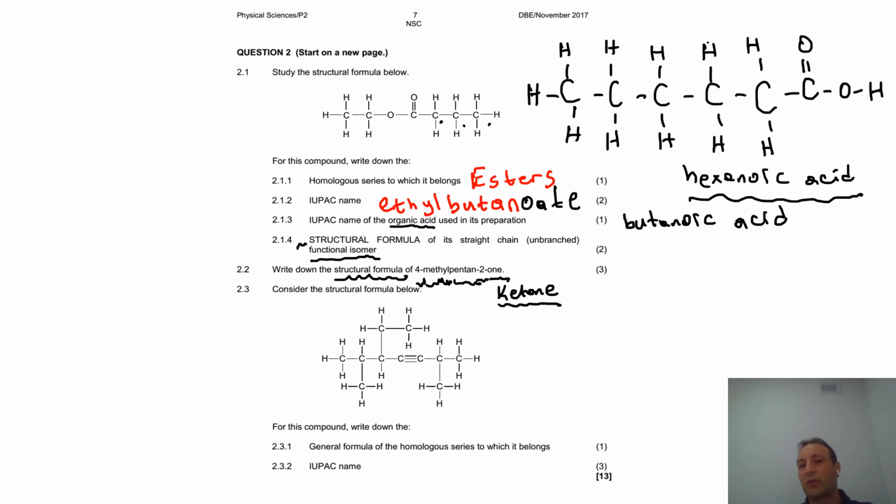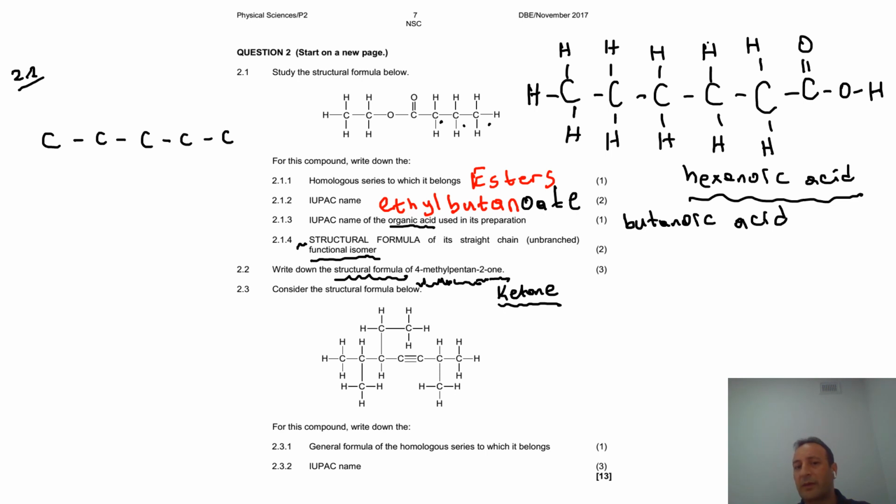So let us start with the longest chain. How many carbons do we have? 5. Then I write here 5 carbons, and I join them with single bonds, 3, 4, and 5 carbon atoms. That is question 2.2. Let us write the functional group.